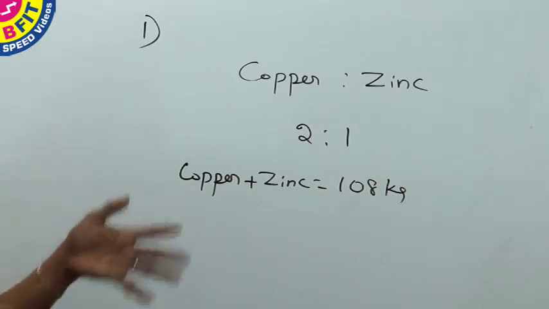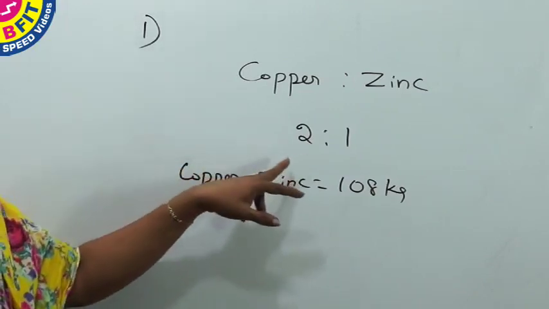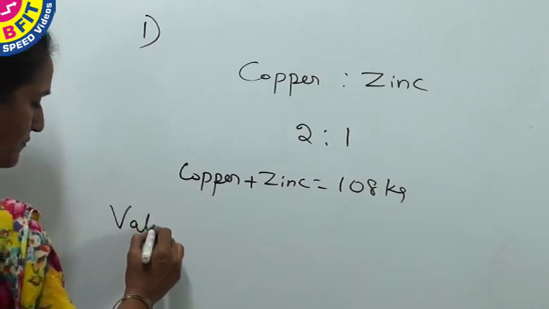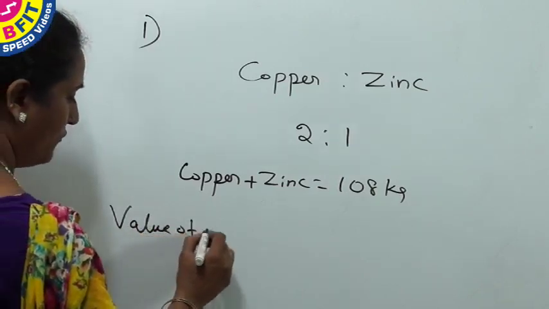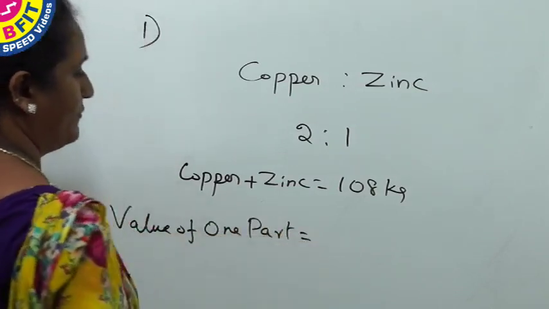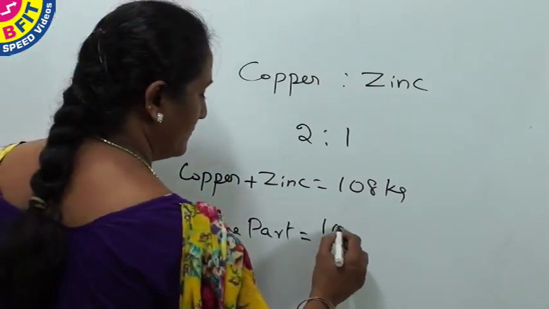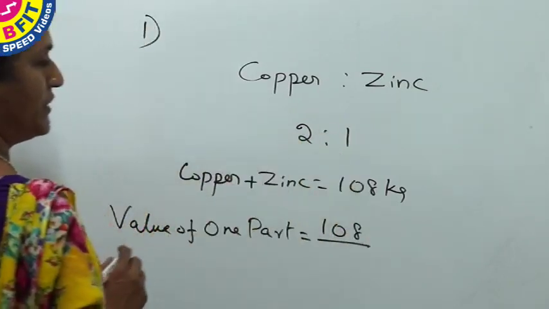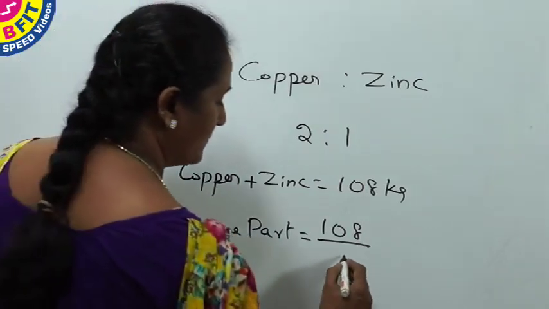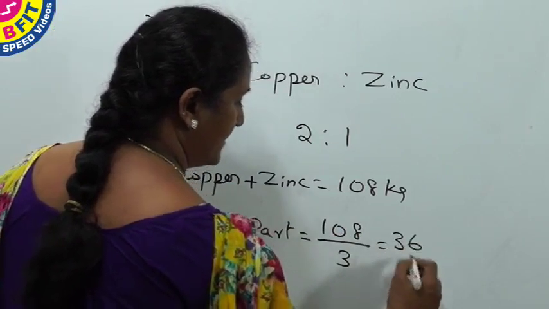Whenever the total quantity is given, to find the value of one part, you divide the total quantity by the sum of the ratio. The ratio given is 2:1, so the sum comes to 3. After simplifying we get 36.